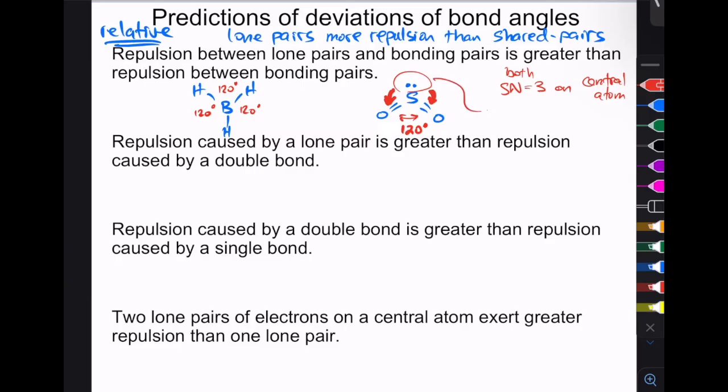Let's write that in. Not as restricted to space between two bonded atoms.